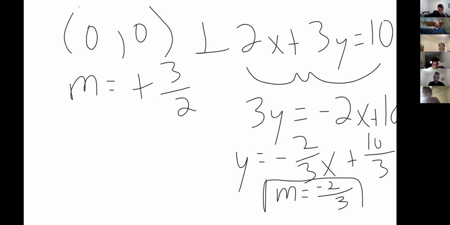So we flip the numbers and we flip the sign. Why? I went over that in the notes. If you want an explanation, you can see me after class.